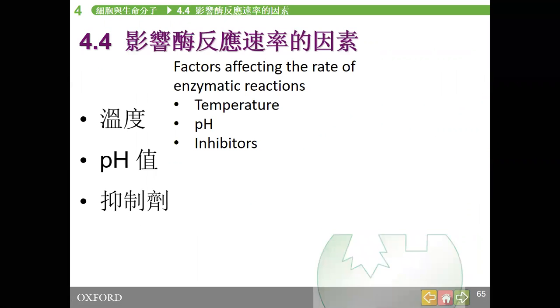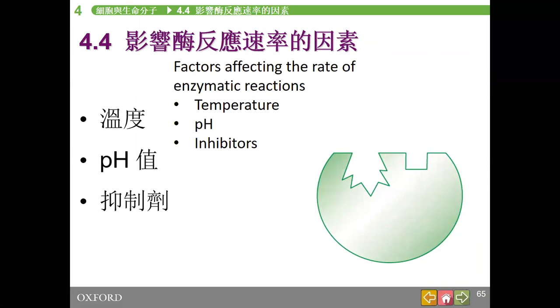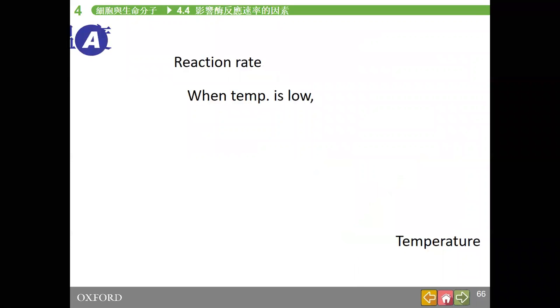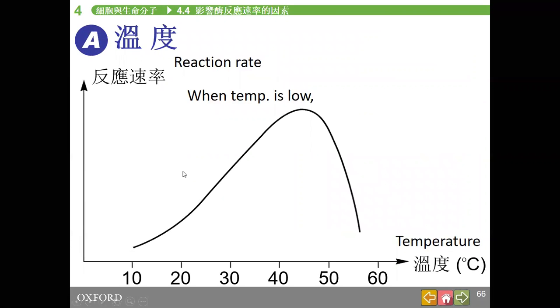Okay, so today I would like to introduce something new to you. What are the factors affecting the rate of enzymatic reactions? How do you speed up the reactions? How can we make the enzyme reaction rate faster? What factors will speed it up? What factors will slow it down? Is it just high temperature that can speed it up? Not necessarily. Look at this graph.